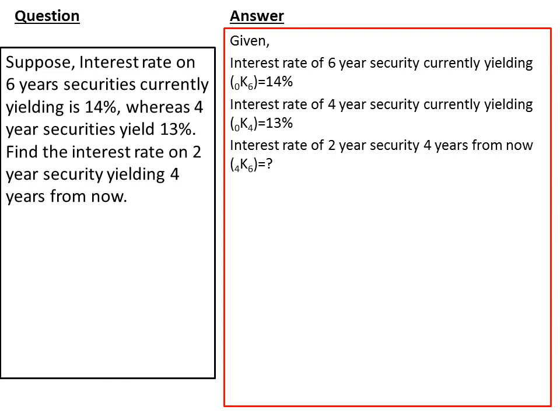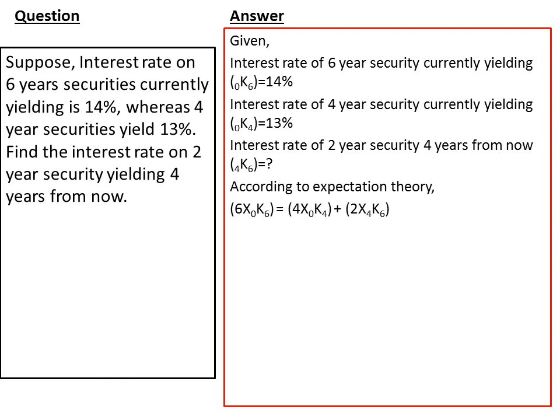Now according to the expectation theory, 6 into 0K6 equals 4 into 0K4 plus 2 into 4K6. This is the additive model. You can also calculate this interest rate by the multiplicative model, but the multiplicative model gives a little bit more answer than the additive model because of the compounding effect.